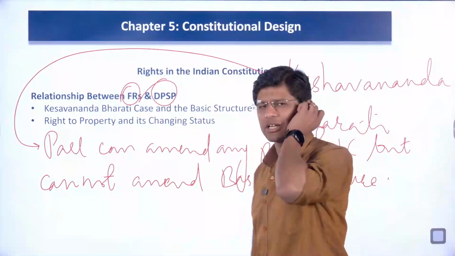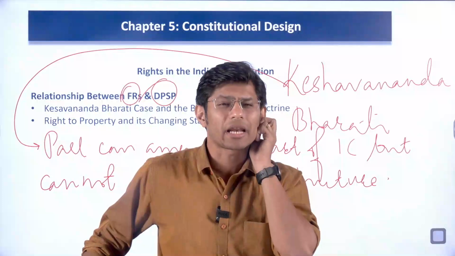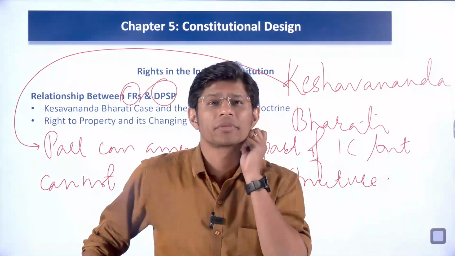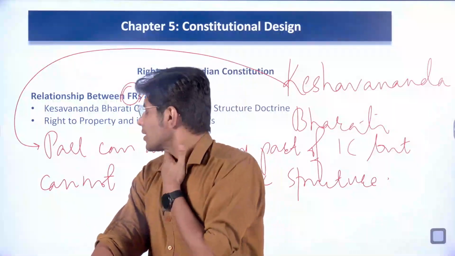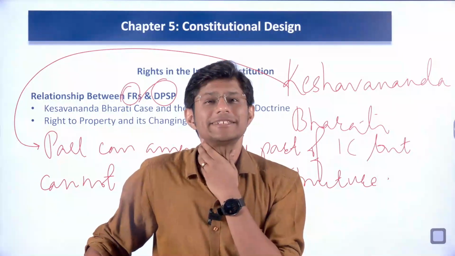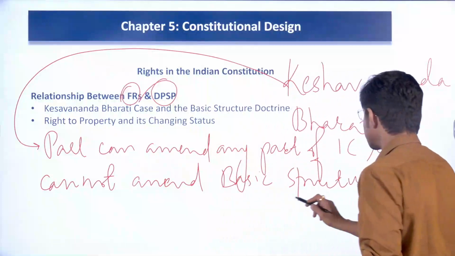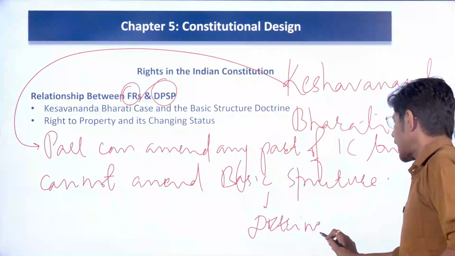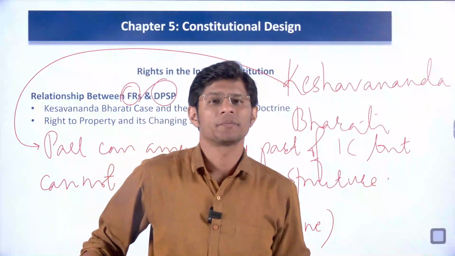What is basic structure? A basic structure means there are certain principles which Parliament can never challenge or change. For example, secularism. This cannot be challenged. This is referred to as the basic structure doctrine. This doctrine states that there are certain principles which can never be challenged.